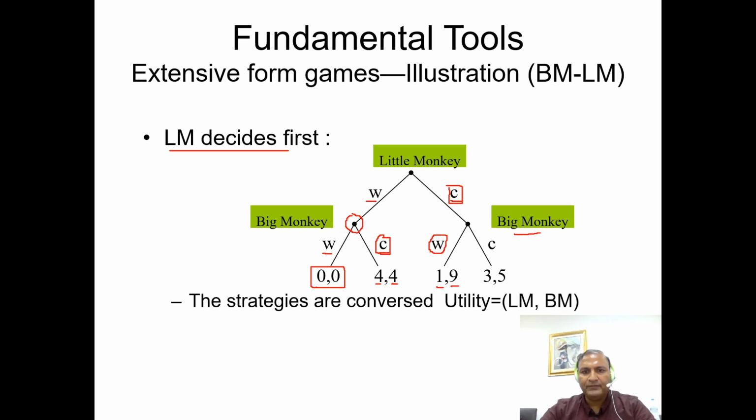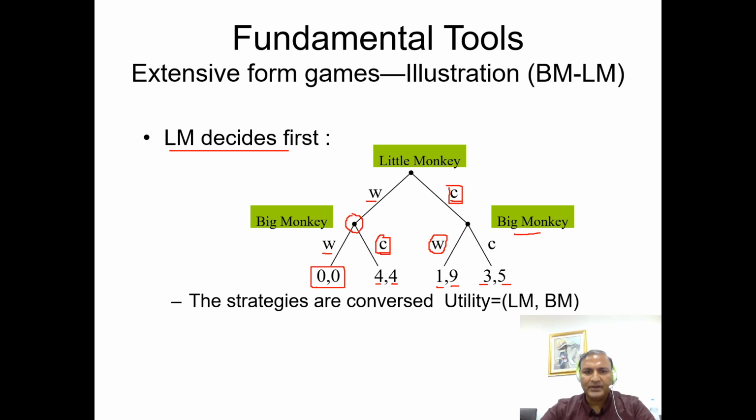On the other hand, if the big monkey also decides to go up, and if you remember, when both monkeys go up, the big monkey gets 70% and the little monkey gets 30% of the fruit. So the payoff for the little monkey will be equal to 3 because he does not use any energy to climb up, whereas the payoff for the big monkey will be equal to 5 because he will be using 2 calories to climb up on the tree.